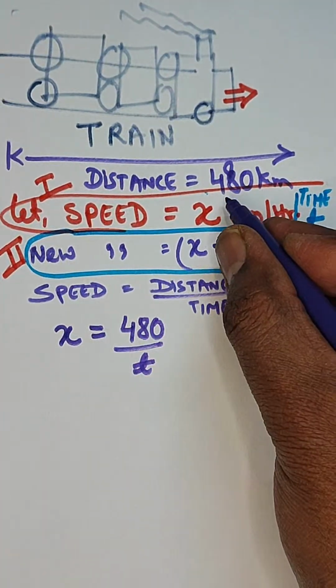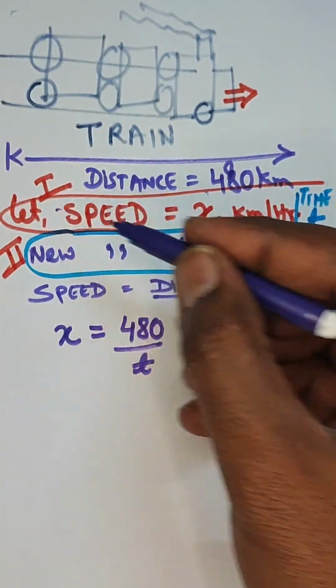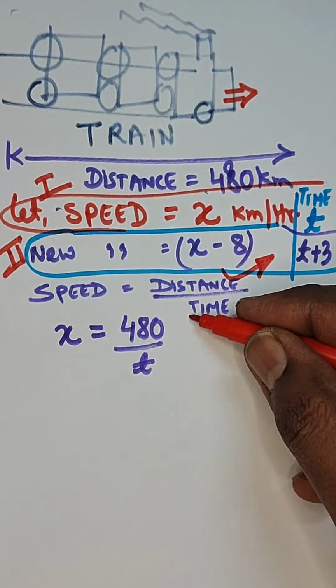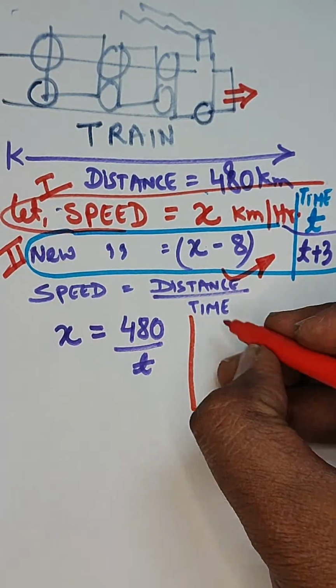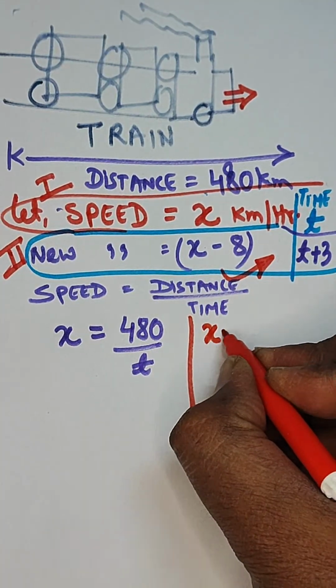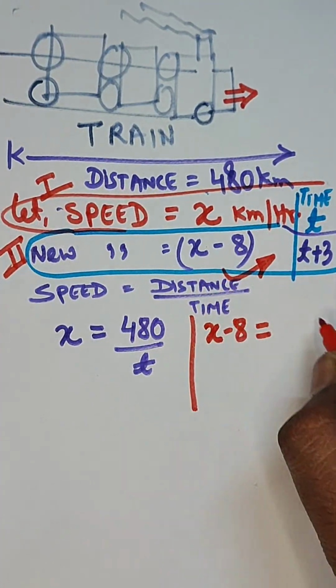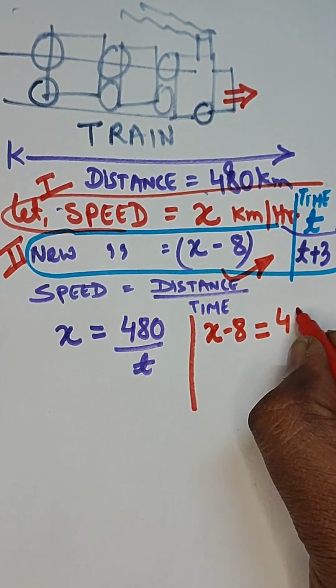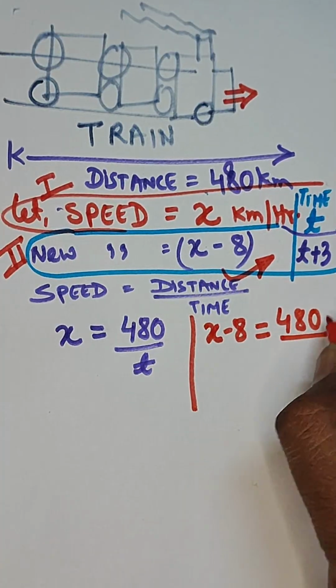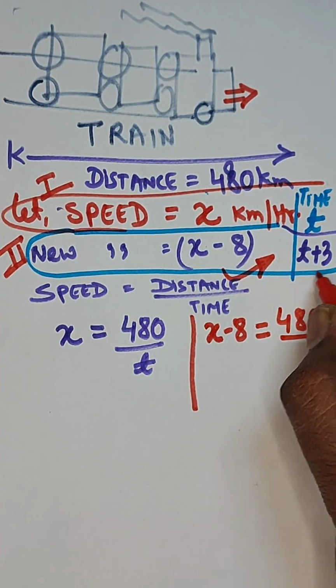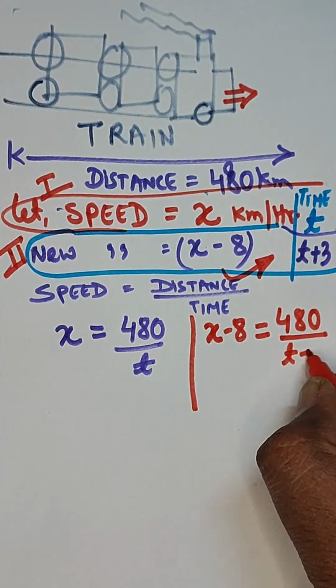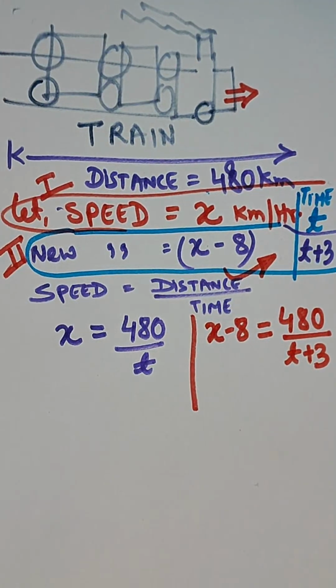This was case number 1. In the second case, it was given that with the speed of x minus 8, the new speed, the same distance of 480 kilometers is traveled in t plus 3 time, right?